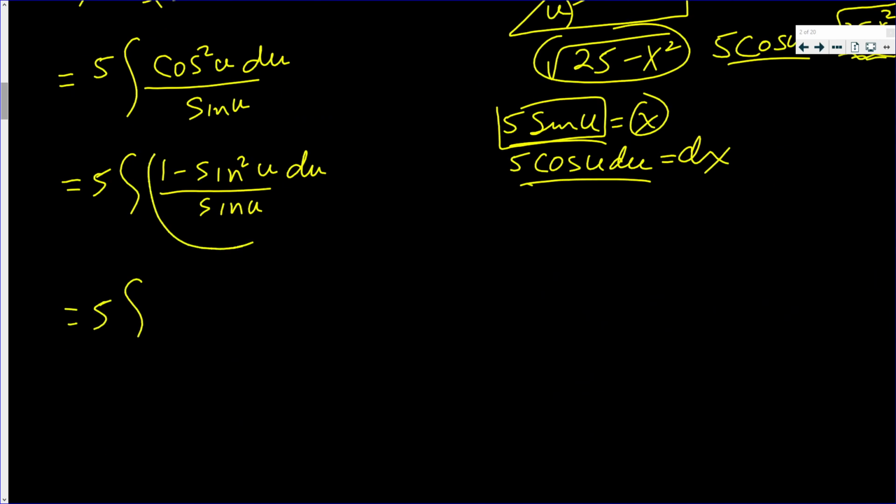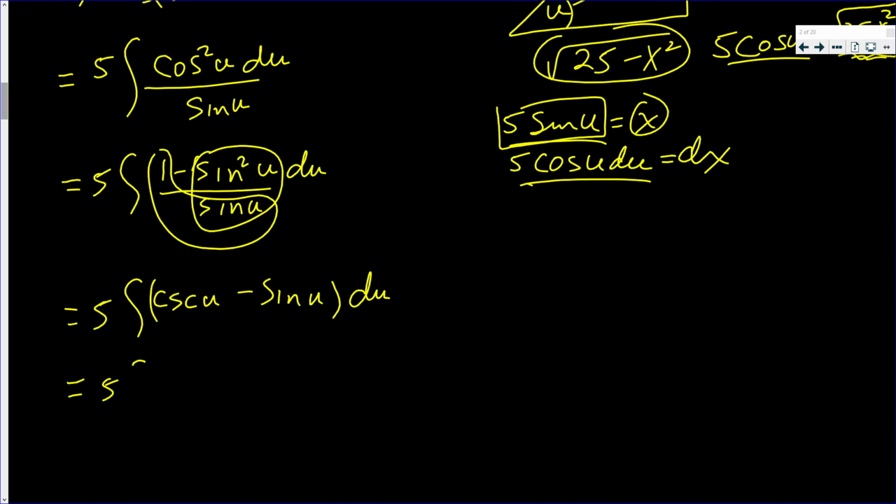And then we get 1 over sine of u, which is cosecant u, minus this fraction, which is just sine of u du.